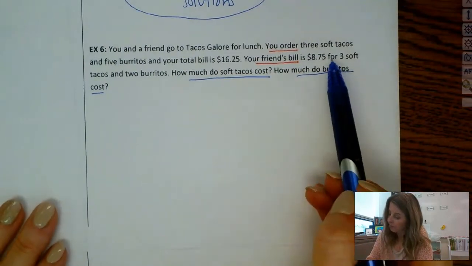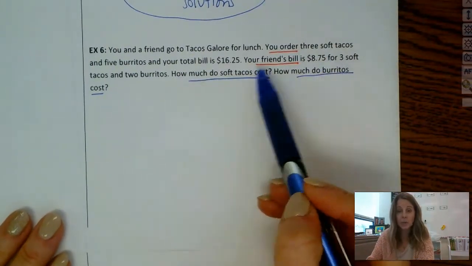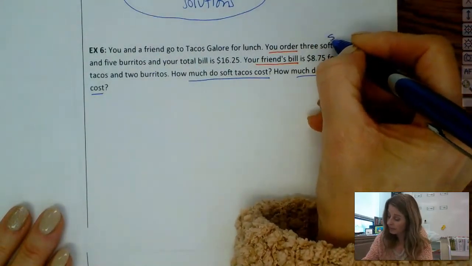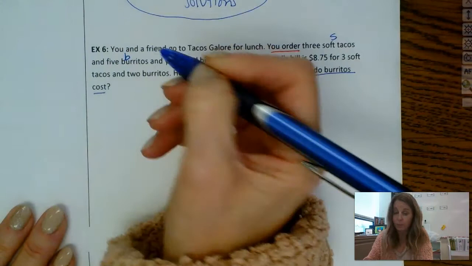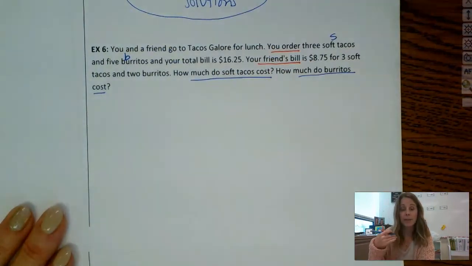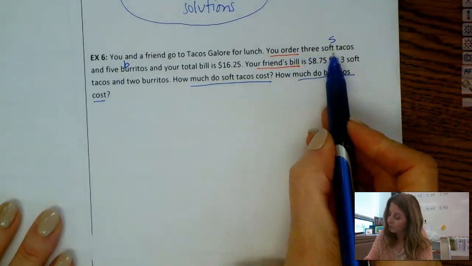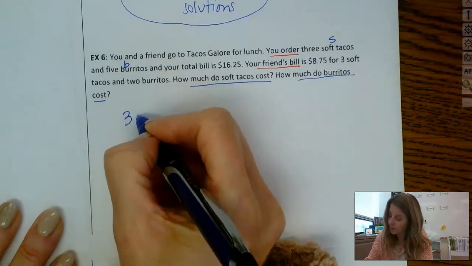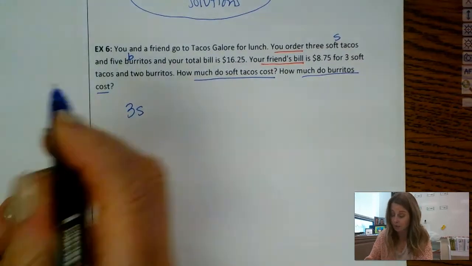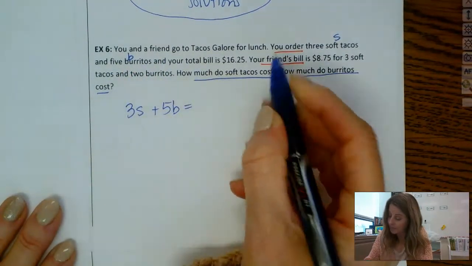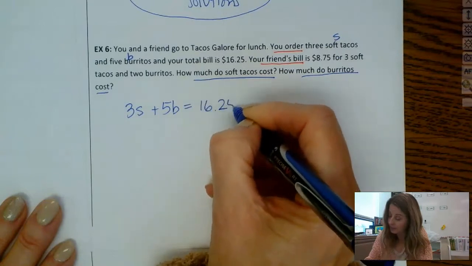So we can call these X and Y, or we could use S for soft tacos, B for burritos. And then when we're done, when we get a B as an answer, we know that means burritos. So you order 3 soft tacos, so 3S plus 5B, and you spent $16.25.